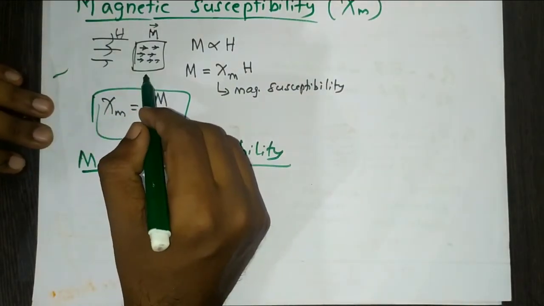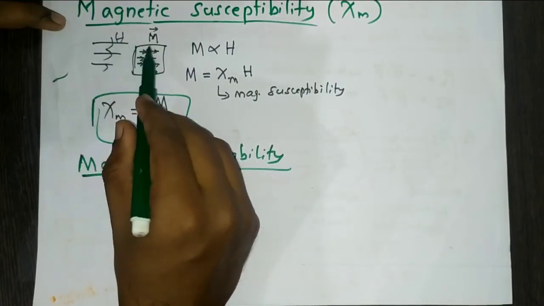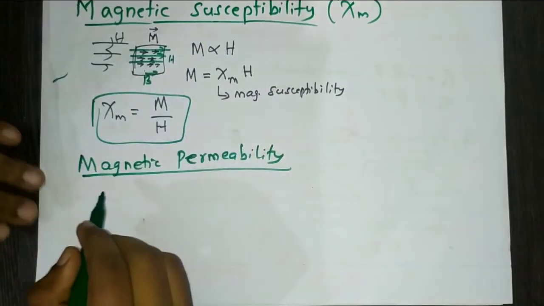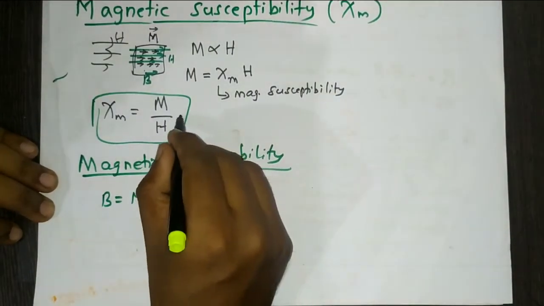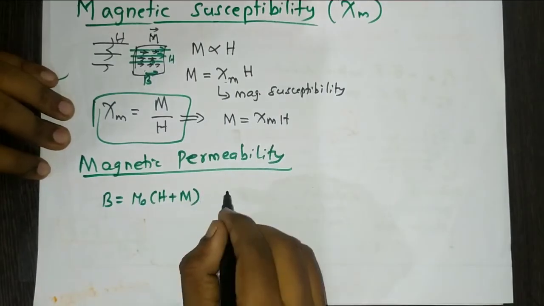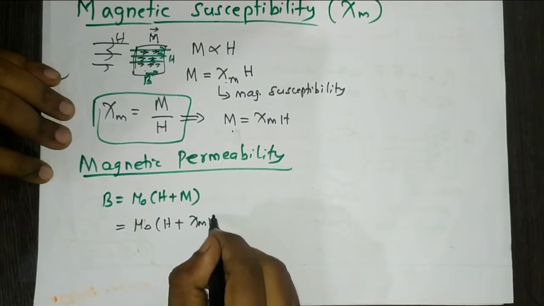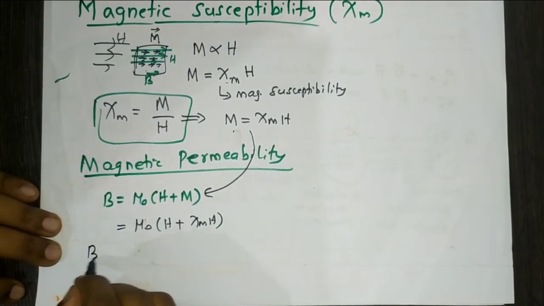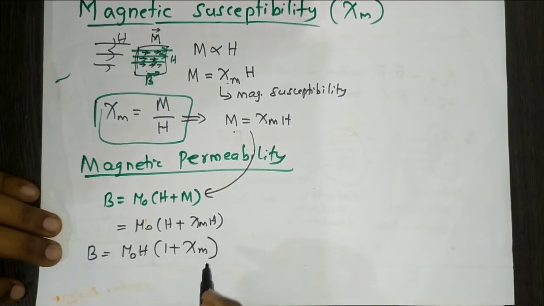We have the expression for the total magnetic flux density in this material, that is the sum of the magnetizing field, because this magnetizing field is also passing through this material, H plus M. We have written B is equal to mu 0 times H plus M. Here, we have M is equal to chi m H. Substituting this M, we get mu 0 H plus chi m H. That is, B is equal to mu 0 H into 1 plus chi m.